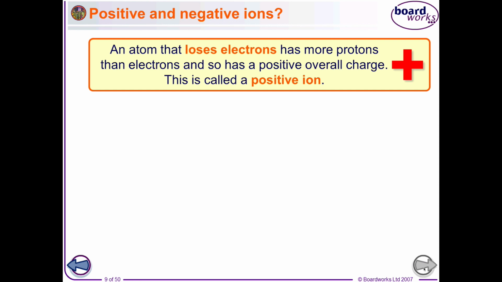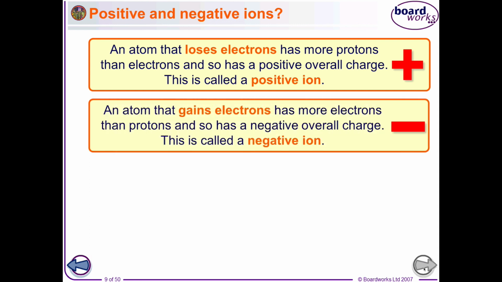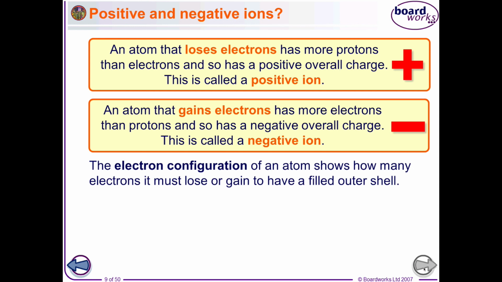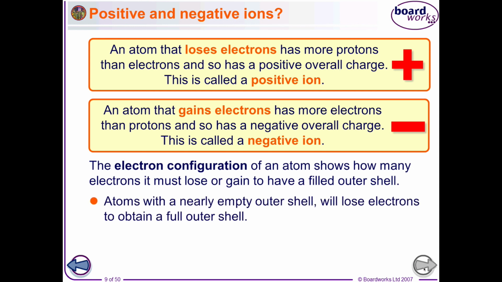We know that atoms are neutral and have the same number of protons and electrons. However, if you lose some electrons, then you've got more protons than electrons, so you are positive overall. An atom that gains electrons will generally become negative, and that's a rule you've got to remember as well. And generally, if you look at the electron configuration, you can see whether atoms will gain or lose electrons just by looking at their configuration, and which is the easiest way for them to obtain a full outer shell.